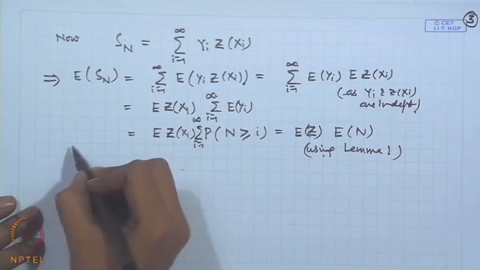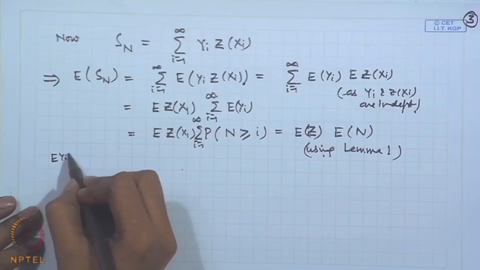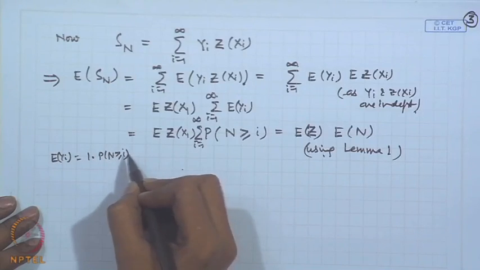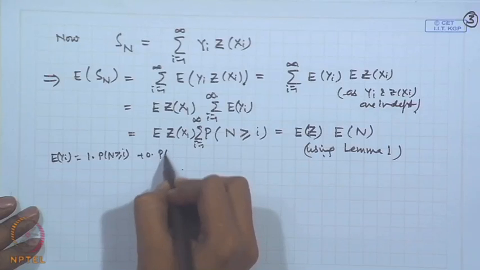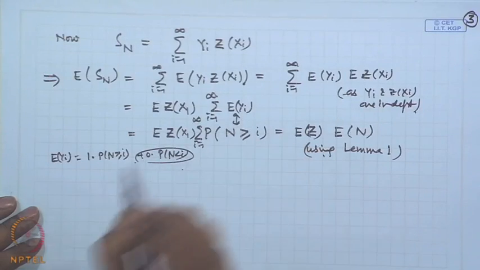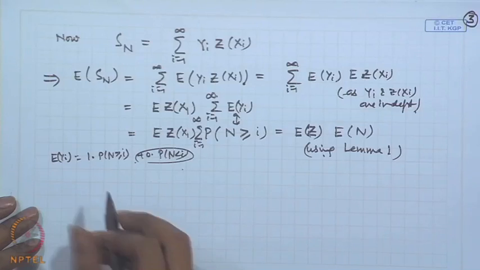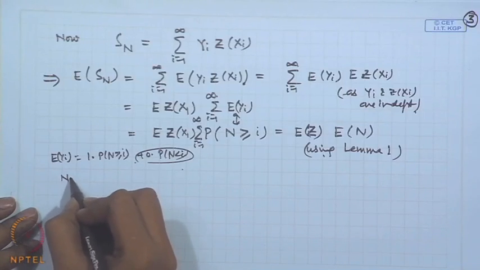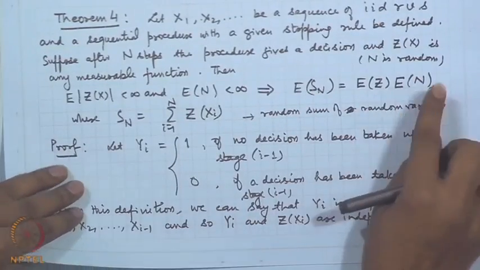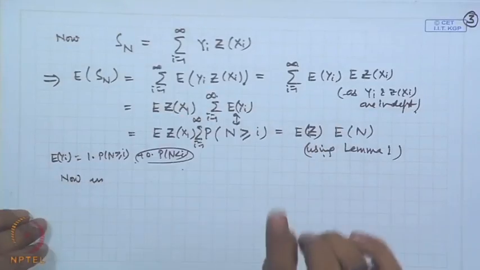Because this expectation of y I is actually 1 into probability n greater than or equal to I plus 0 into probability of n less than I. So, that is why this quantity is equal. Now, this proves this theorem, that expectation of S n is expectation z into expectation n.